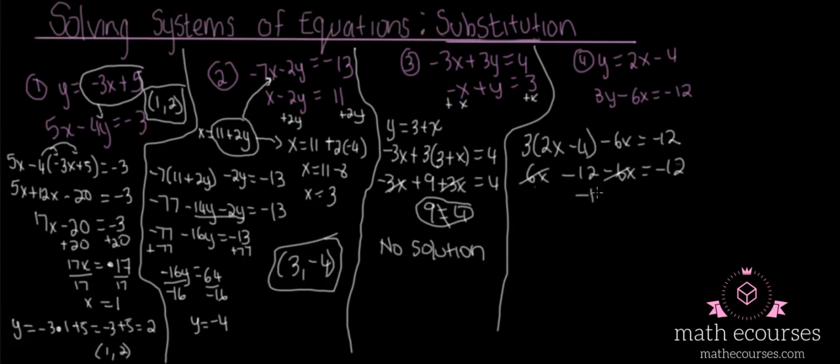So I have negative 12 equals negative 12. Yes, this is true. Negative 12 does equal negative 12. So when this happens, this is when we have infinitely many solutions. This is basically saying this is going to turn out to be the same line that is going to cross infinitely many times.